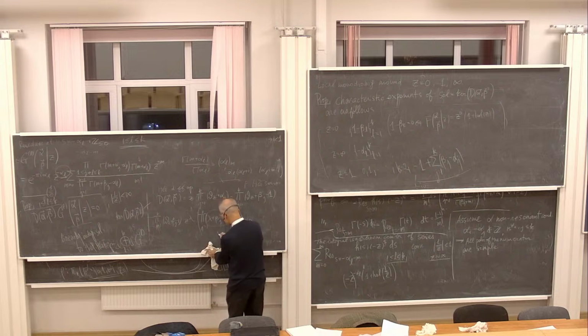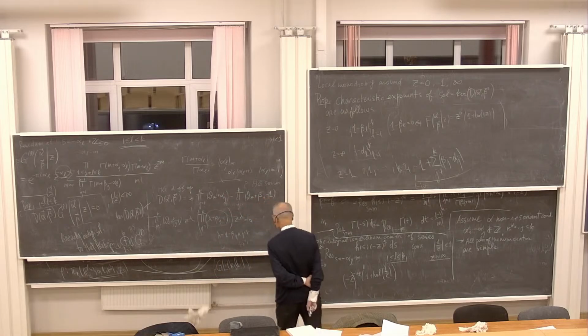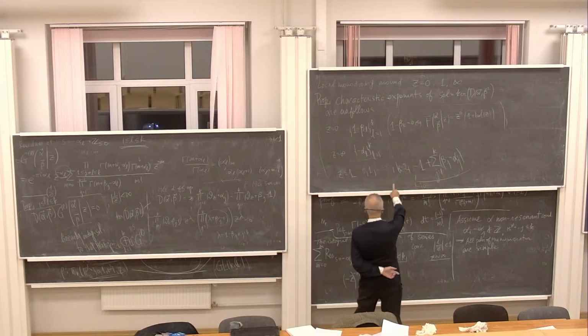That is, lambda equals 1 minus beta_j, for j one of these numbers. It is written here.